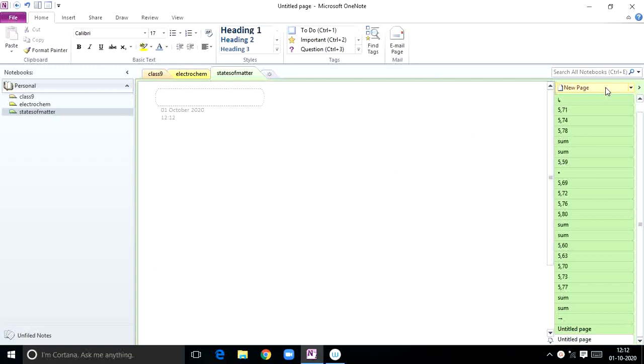In this session we will discuss an important topic, that is the Nernst equation. And what is the main importance of this Nernst equation?